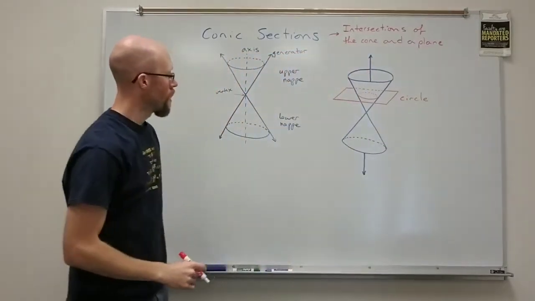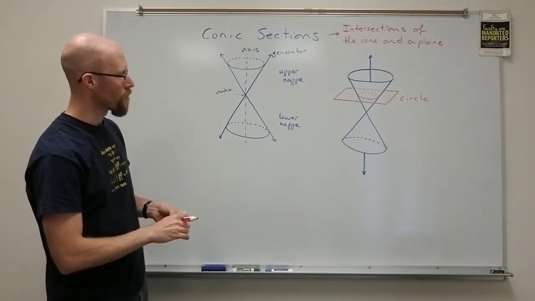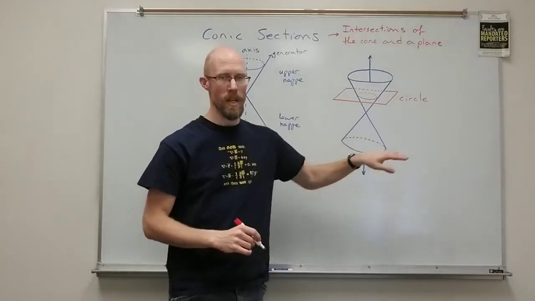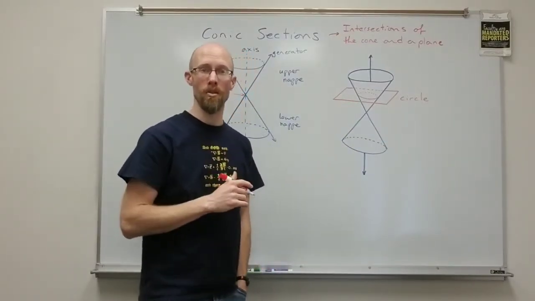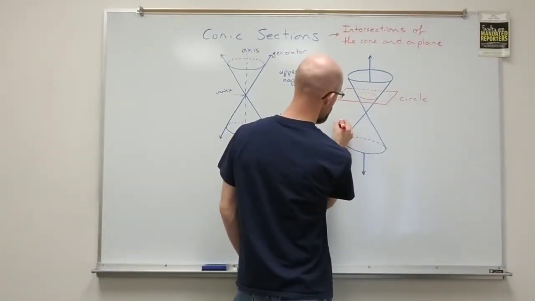Okay. If I were to redraw that or draw another plane, if the plane goes through one of the napes but is on an angle, that's not perpendicular to the axis. So let me draw something decent here.